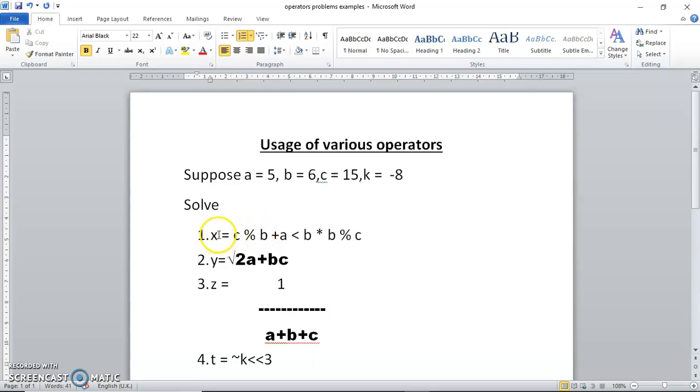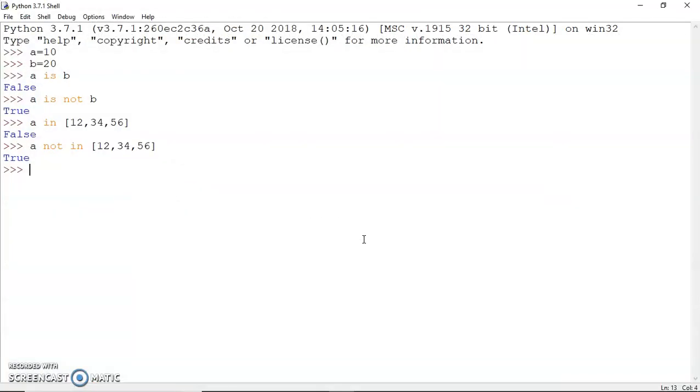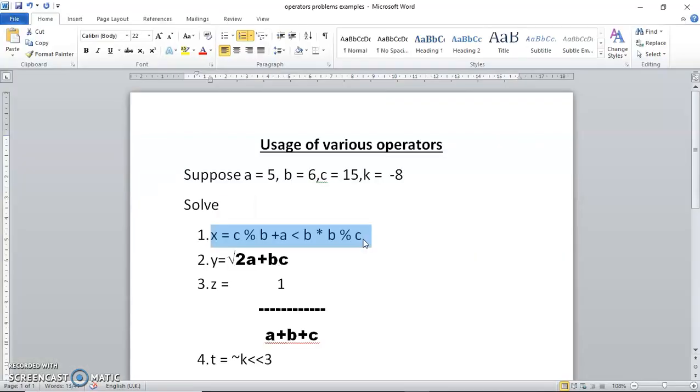Let me just write this expression. I'll just copy this expression from here so that we can work it out. Let us go to the Python shell and let me copy the values of the variables. They are 5, 6, 15 and -8.